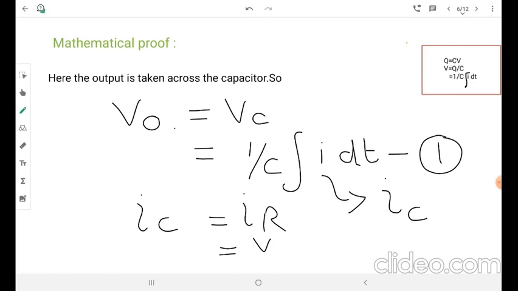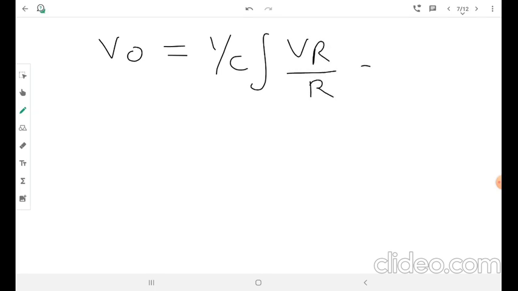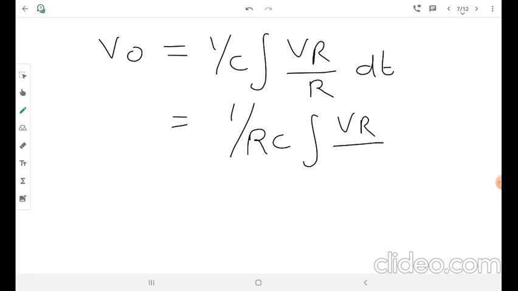That is the voltage drop across the resistor divided by the resistance value R, VR by R. So by substituting this value in equation 1, we get V out equal to 1 by C integral VR by R dt. Taking R outside, it becomes 1 by RC integral VR dt.